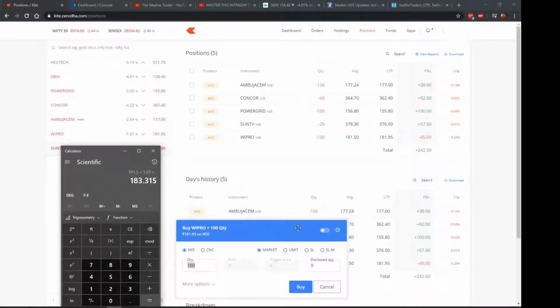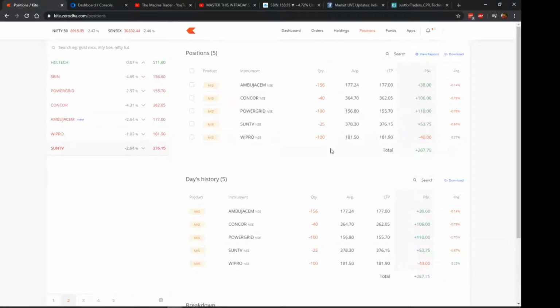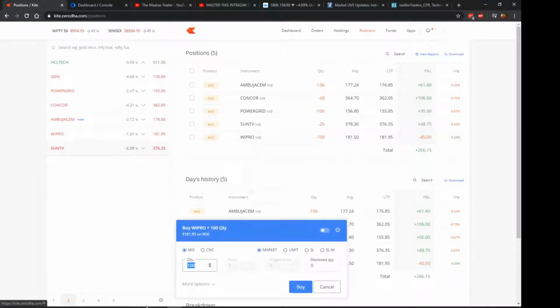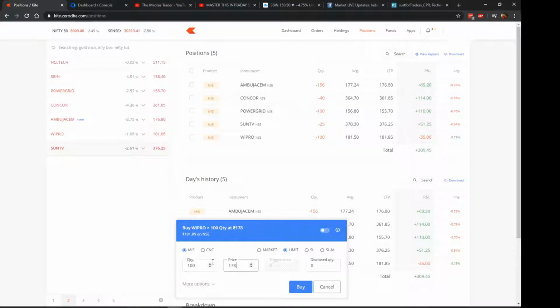That will be 183.3, which will be my stop loss. And my target price will be 181.5 divided by 1.015, a 1.5% target. So it will be 178.8.